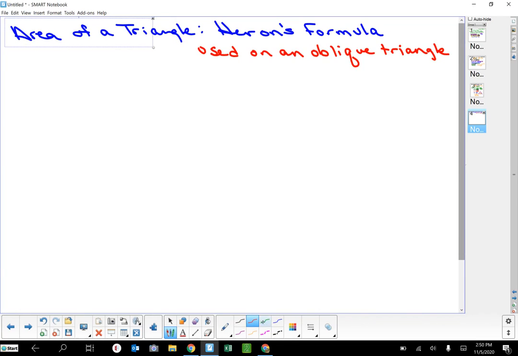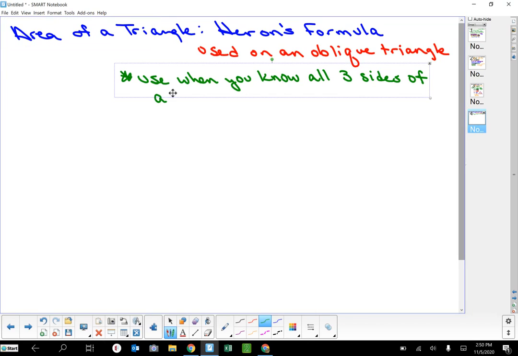Oh, also one more statement. You're going to use this when you know all three sides of a triangle. And so if you don't know all three sides, you may have to use law of sines or law of cosines in order to find some missing sides.